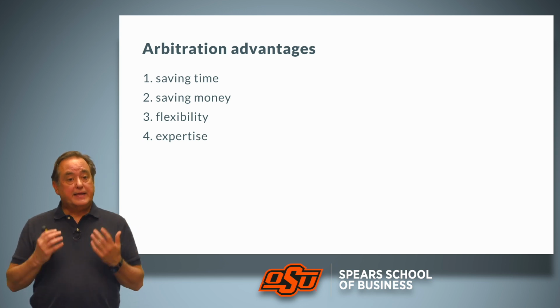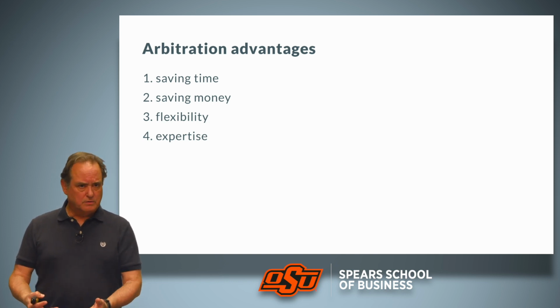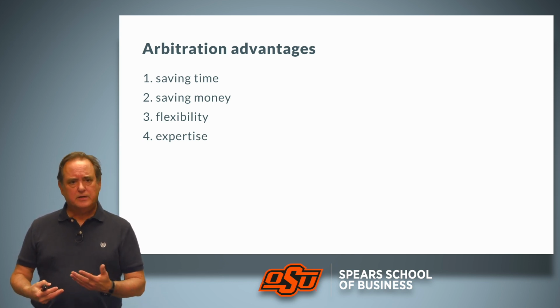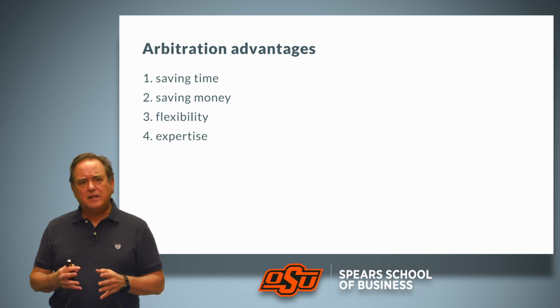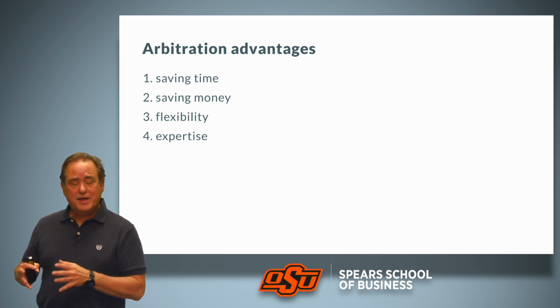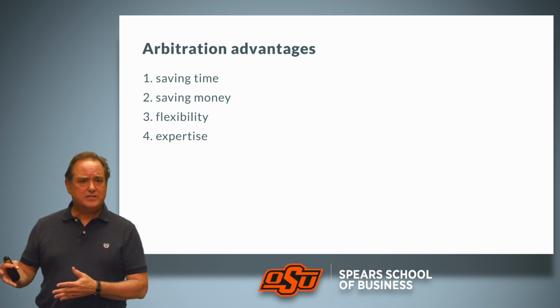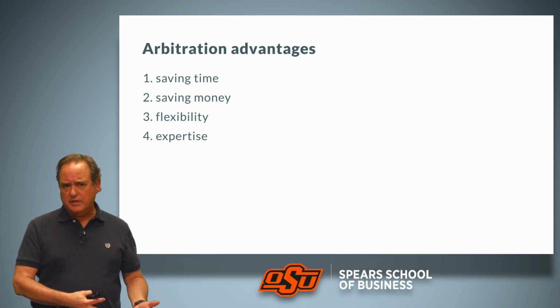Expertise. Again, we can select arbitrators who are familiar with our particular situation. Unlike a jury, where you've got to spend a lot of time educating the jury, or sometimes you have to educate the judge if the judge has no background having to do with your particular industry.